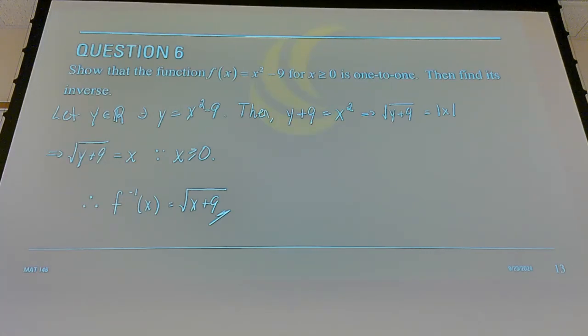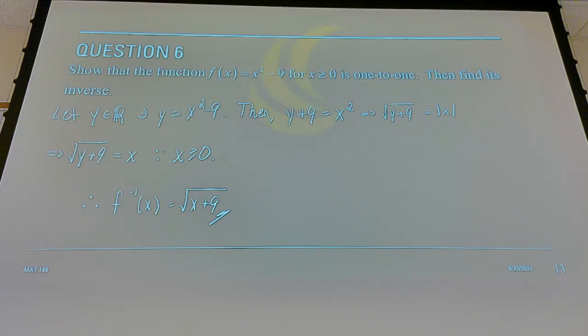Why can it not equal 0? Oh, never mind. Is it?